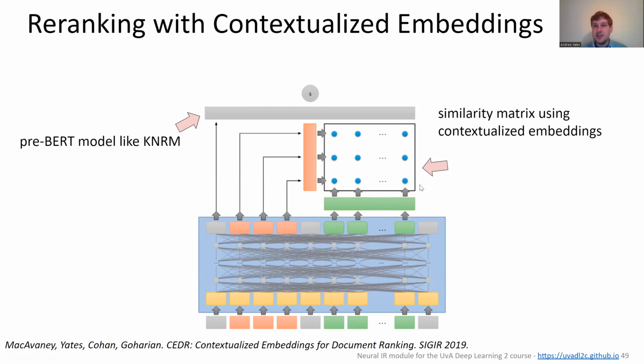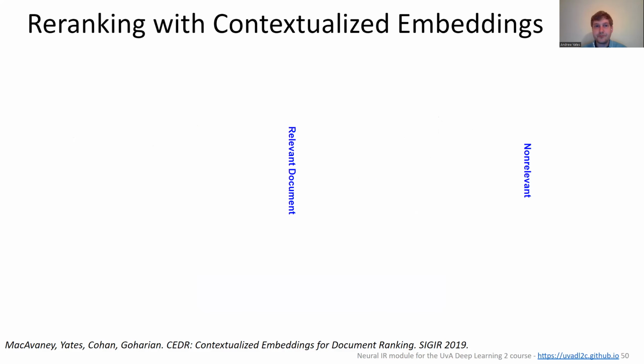So we've essentially just replaced word2vec with that similarity matrix construction with BERT using its contextualized embeddings for the similarity matrix construction. And then once we have that similarity matrix, we could use something like CAN-RM that I showed you earlier to compute a score given the similarity matrix. So this is essentially a second way to use BERT, taking advantage of those contextualized embeddings rather than treating it as a relevance classifier.